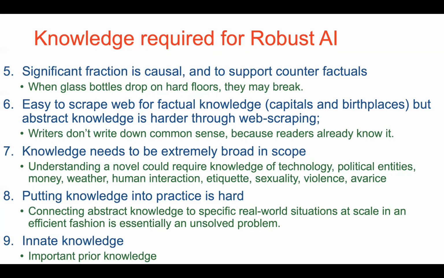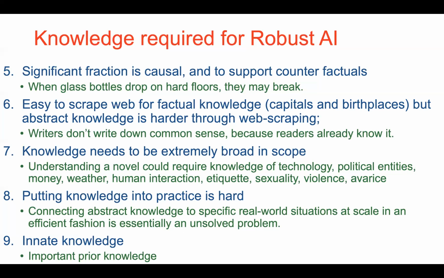It's easy to scrape the web for factual knowledge. So it is possible to scrape the web. Factual knowledge can be scraped, like capitals of countries and capitals of states. You can go and find out on the web. Birthplace, okay. Where was Abraham Lincoln born, right? I guess he was born in Kentucky.